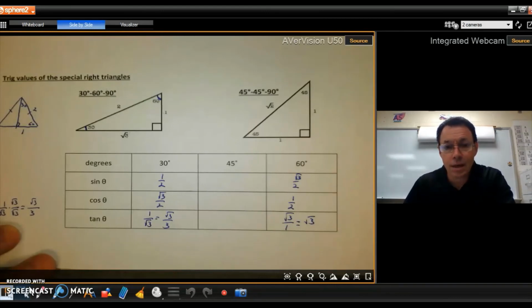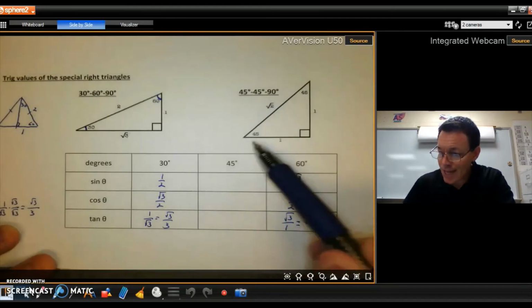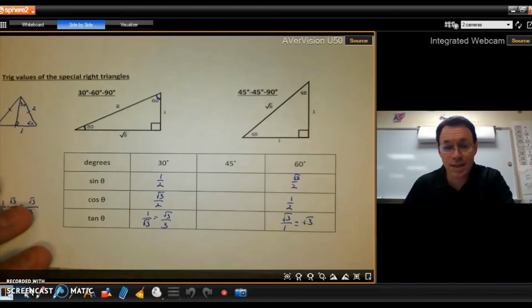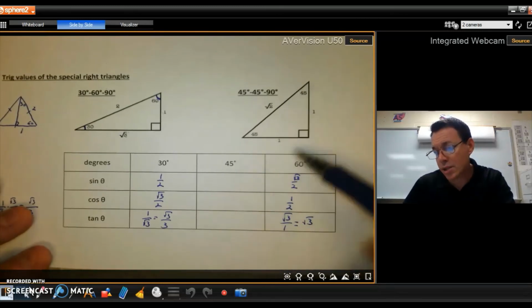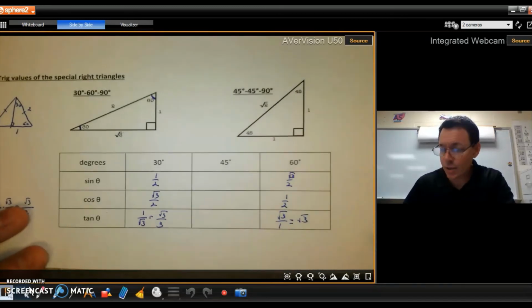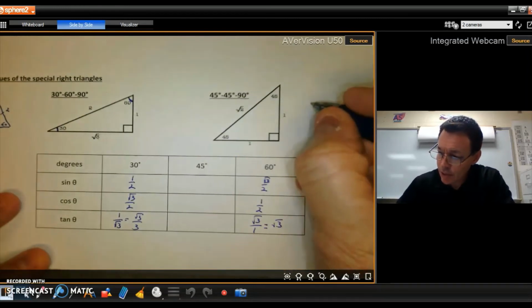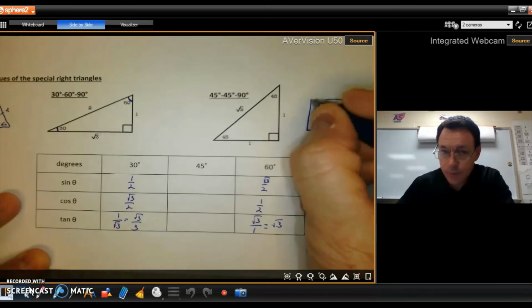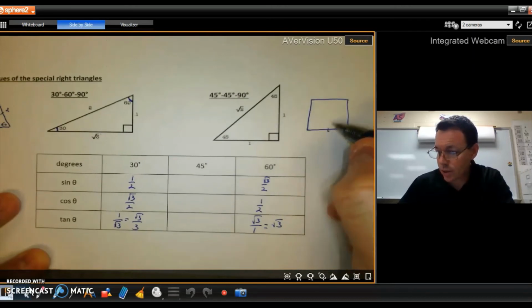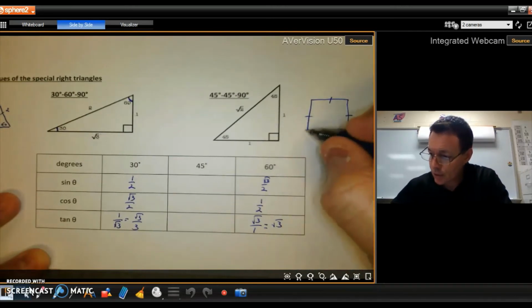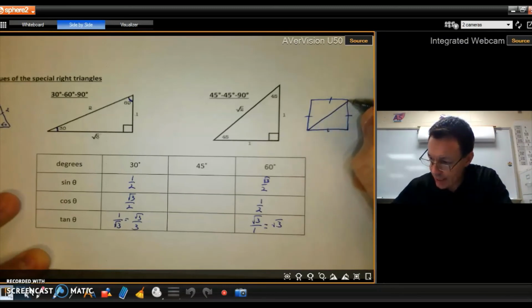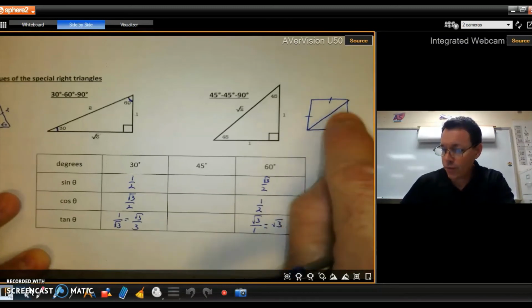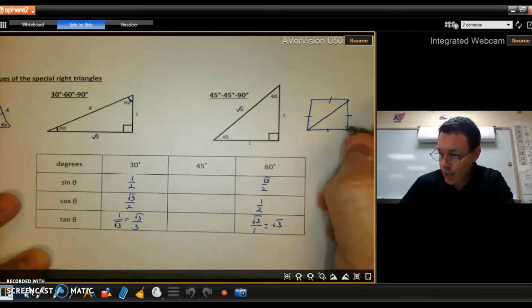Okay? Now, a 45-45-90 is a special triangle because, again, we know the ratios even without knowing the actual measurements. If you take a square, which has all sides the same, and you split it down the middle diagonally, you're going to get a 45-45-90 triangle.